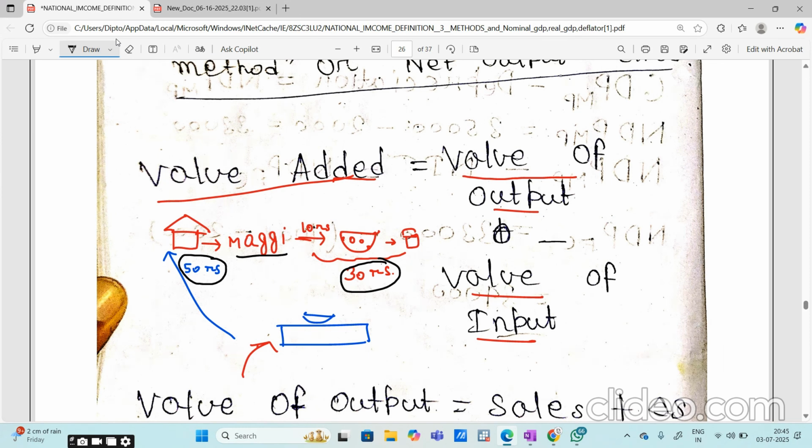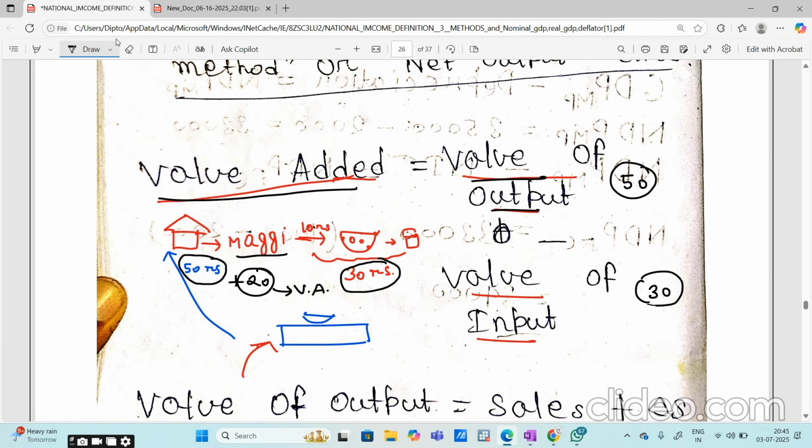This 20 rupees is value addition. So how is value addition calculated? Value of output, that is 50 rupees that I have charged from the buyer, minus value of inputs, that is the input cost of 30 rupees. So 50 minus 30 is 20, which is the amount of value addition.